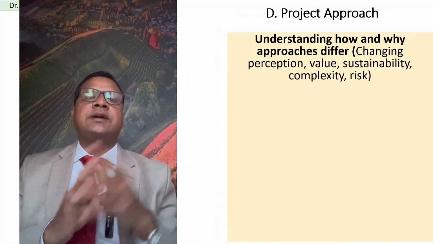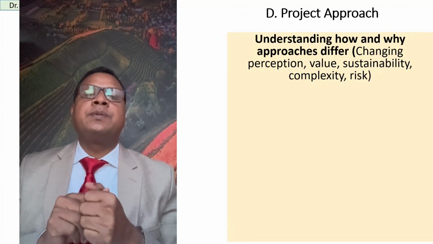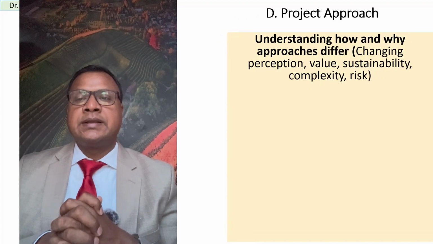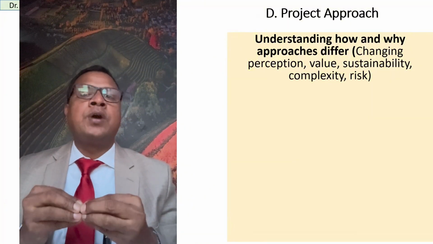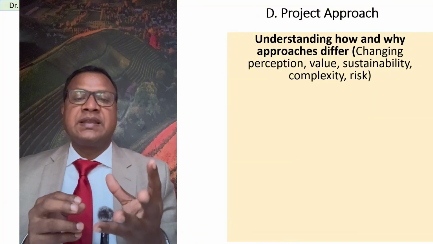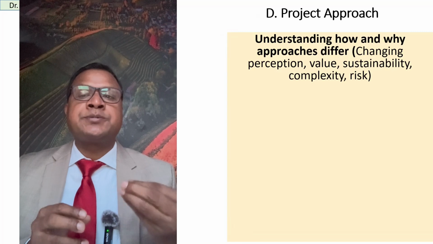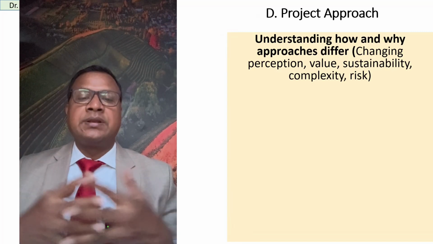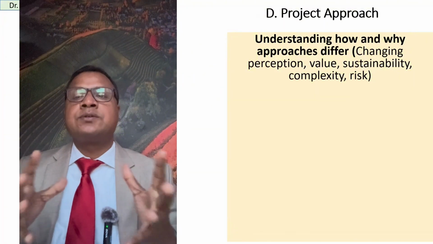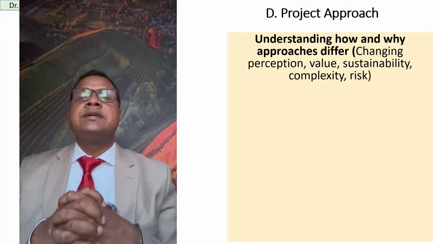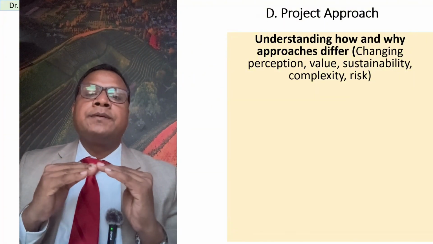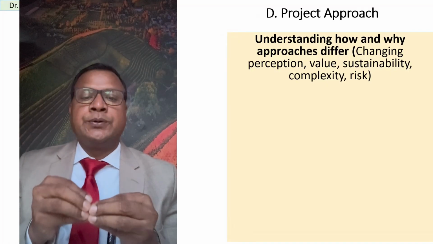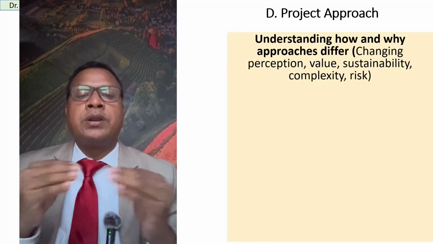Now we'll focus on part D of lesson 2. Project approach: understanding how and why approaches differ, because perceptions are changing, values and sustainability are also different, and there are complexity and risks. What kind of project you are going to have depends on the people you are working with.